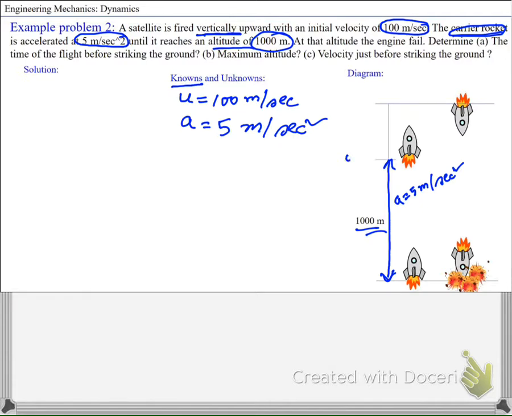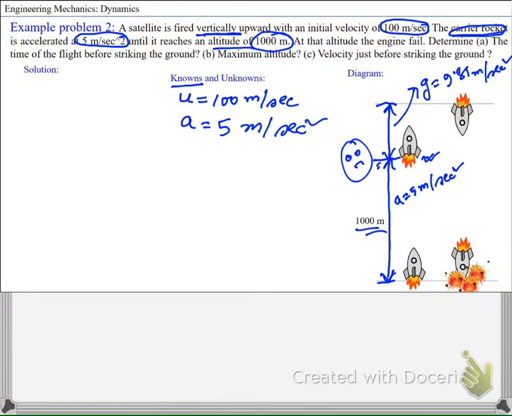After that, the engine fails. So right after this point, from here to the maximum height, the acceleration would be g, because it's a free fall, which is 9.81 meter per second square. Though the engine fails at this point, the rocket will still go up because it will have some final velocity from here to this point.